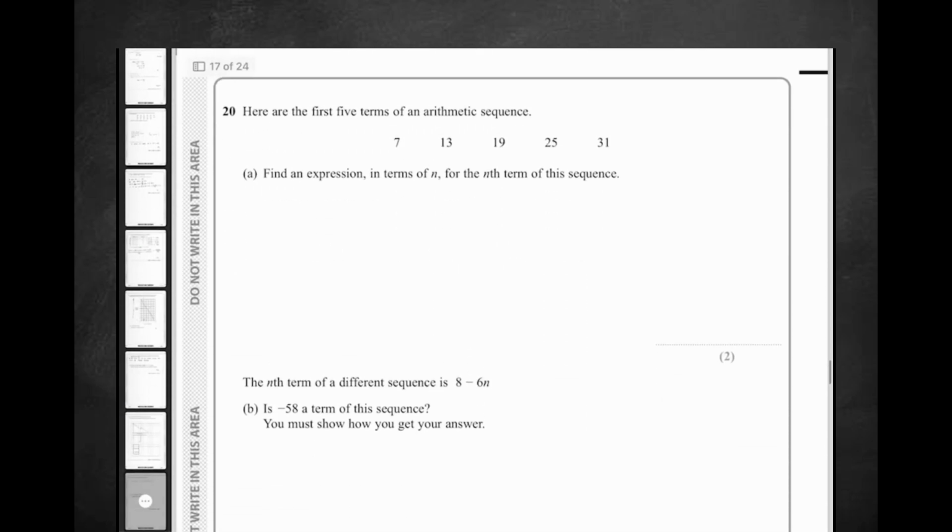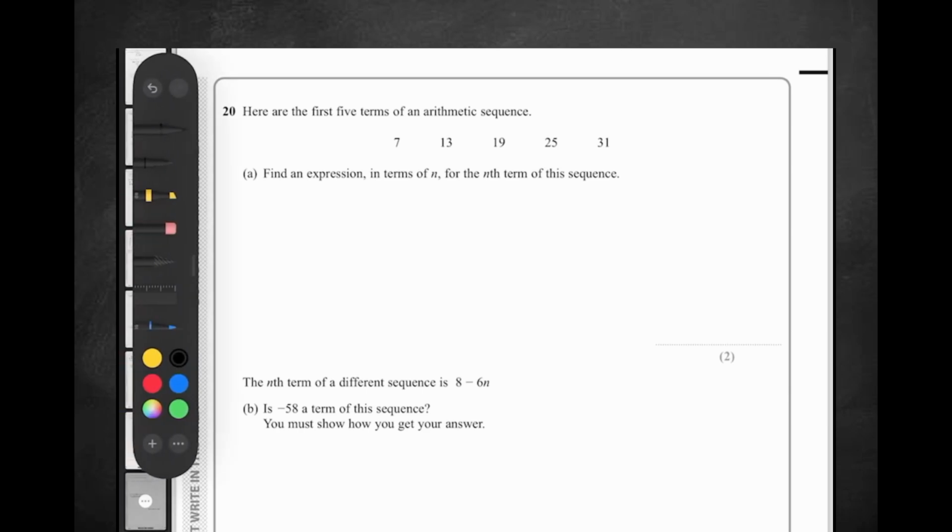Question 20. Here are the first 5 terms of an arithmetic sequence. Find an expression in terms of n for the nth term of this sequence. So I'll firstly check the distance between these numbers. It's 6, it's 6, it's 6, which means our sequence is going to start with 6n.